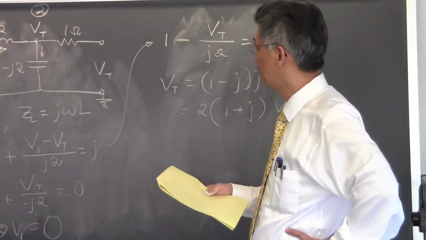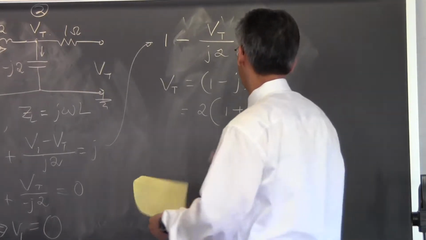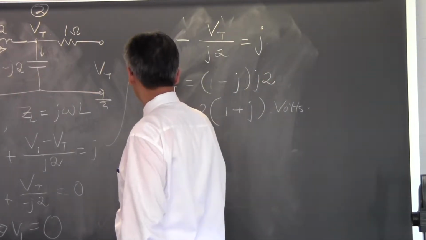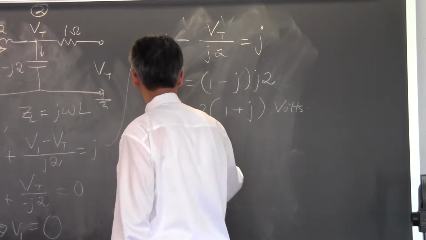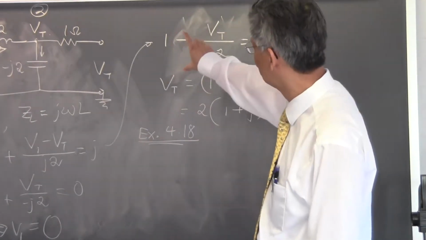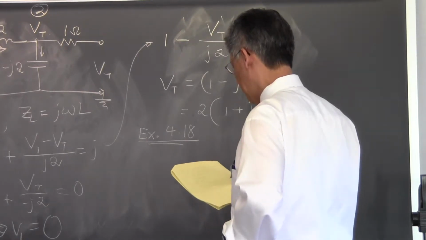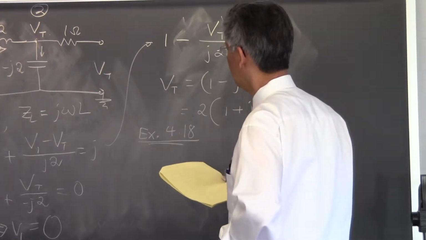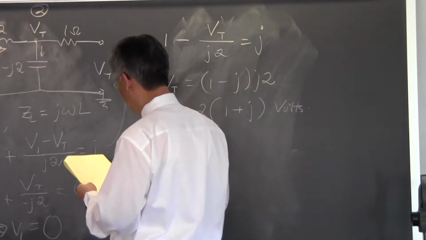Any questions regarding this? And then example 4.18 is very similar to this example, but you're asked to find the short circuit current at the output there. So you're going to put a short over there.